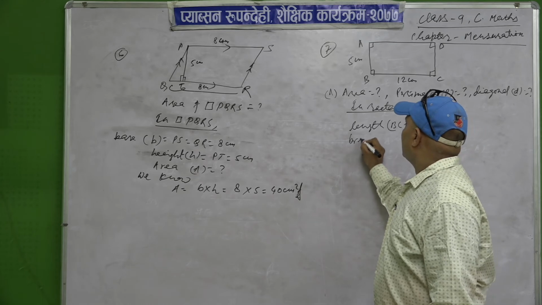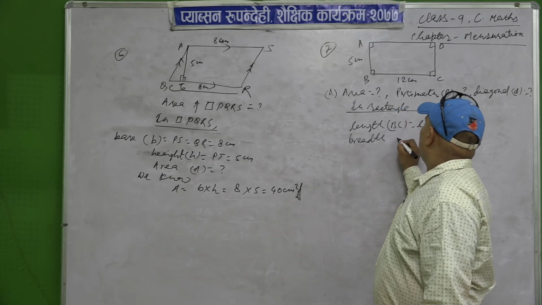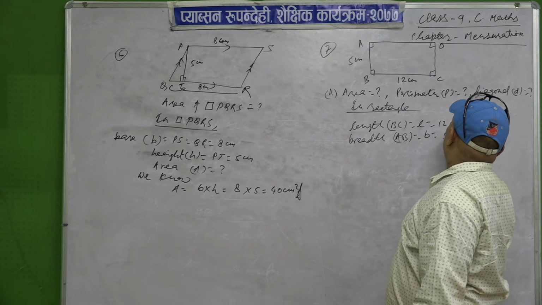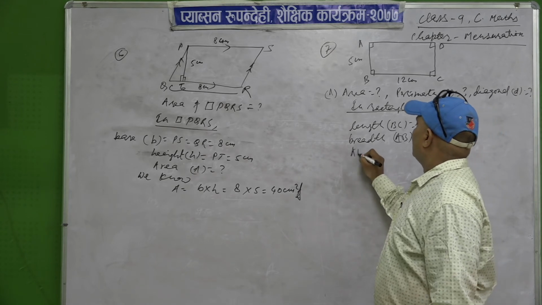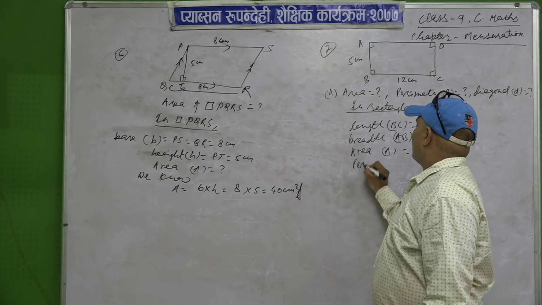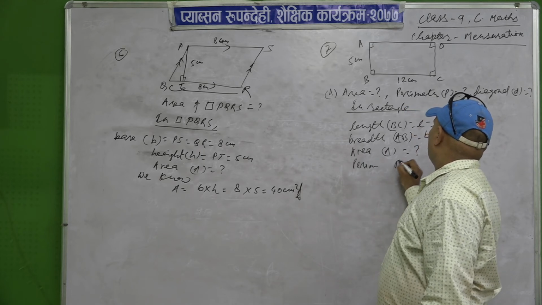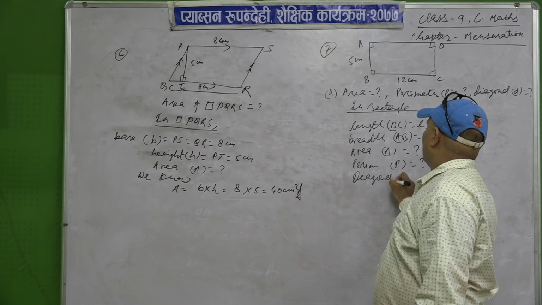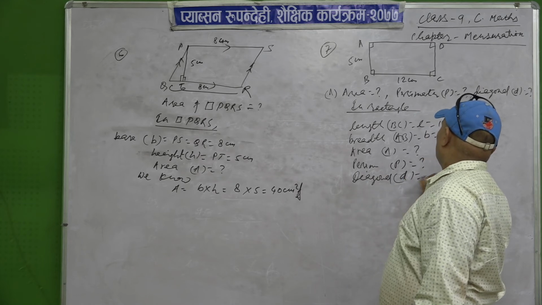Breadth AB is B is equal to 5 centimeter. We have to find out area A is equal to what, perimeter P is equal to what, and diagonal D is equal to what.